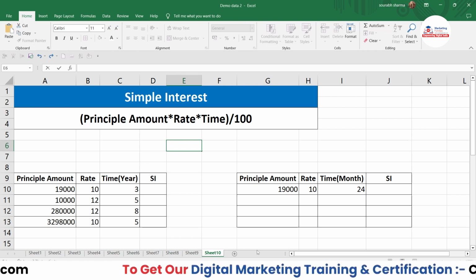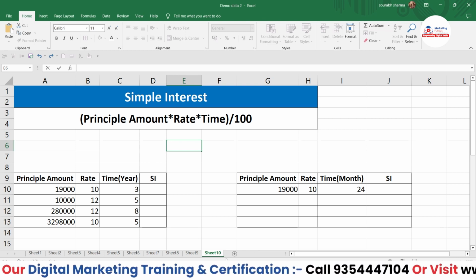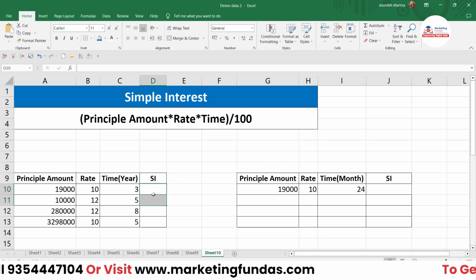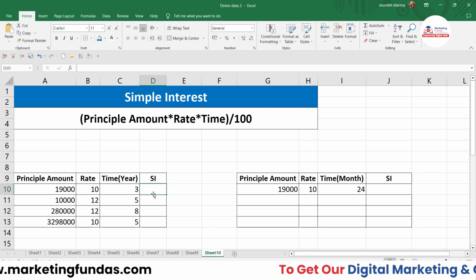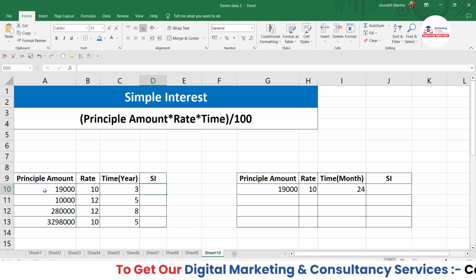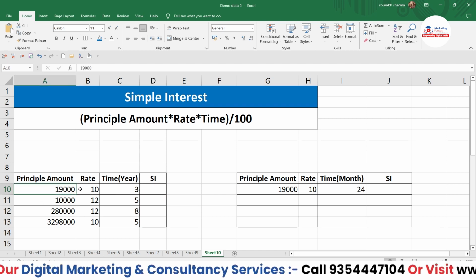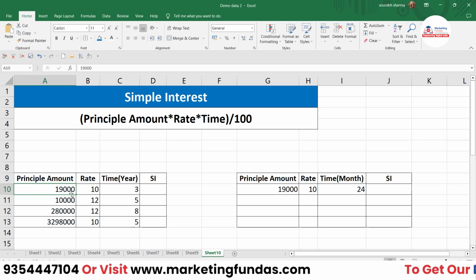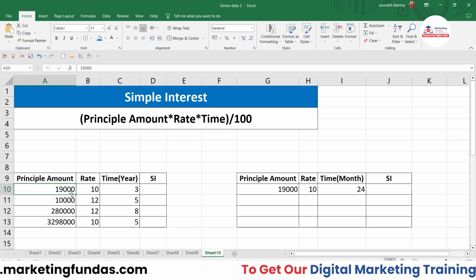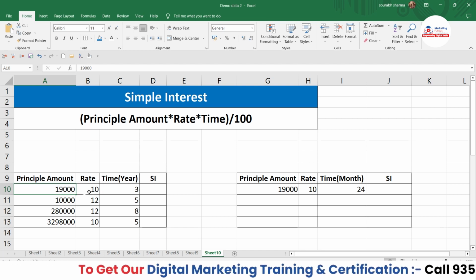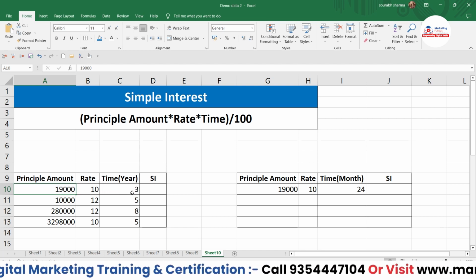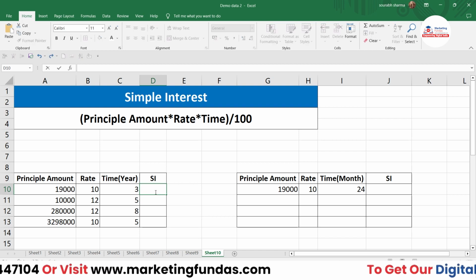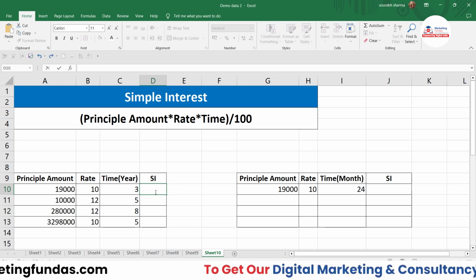Now let's calculate the simple interest so that we can understand more about this, right? Let's say I'm a borrower and you are a lender. So I'm borrowing $19,000 from you at an interest rate of 10% for 3 years, right? What will be the interest I have to pay after 3 years? That's what we are going to calculate here.